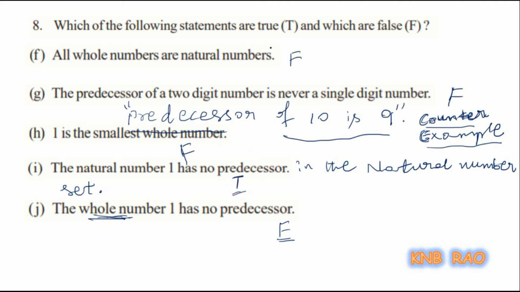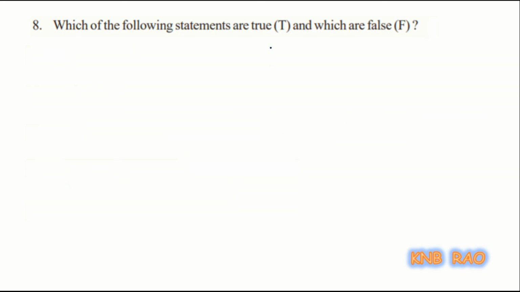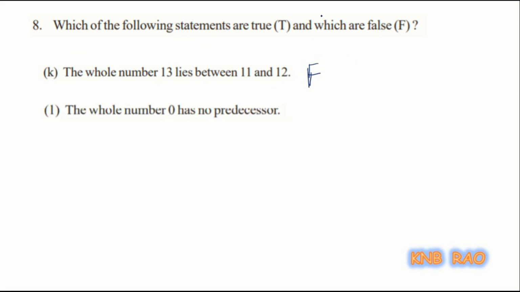And now coming to the 11th statement. The whole number 13 lies between 11 and 12. It is obviously false. It is after 12, not between 11 and 12. Next, 12th statement. The whole number 0 has no predecessor. The whole number 0 has no predecessor in the whole number set.